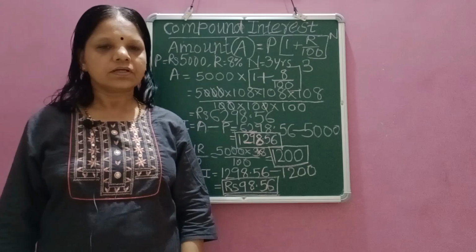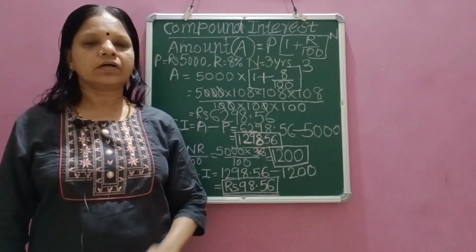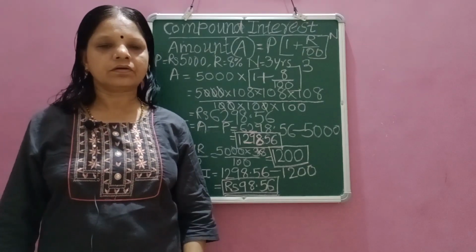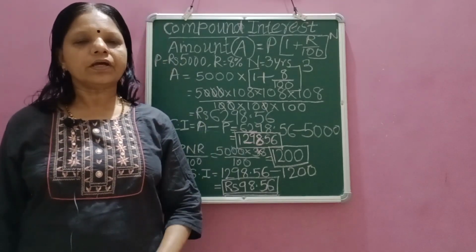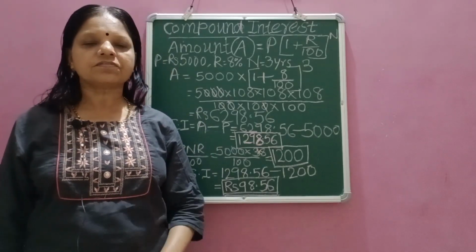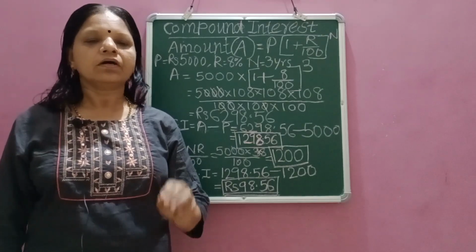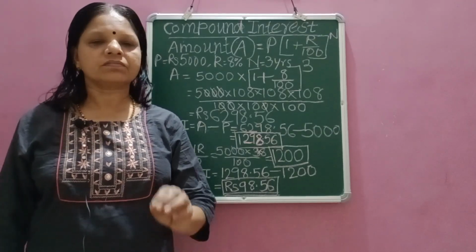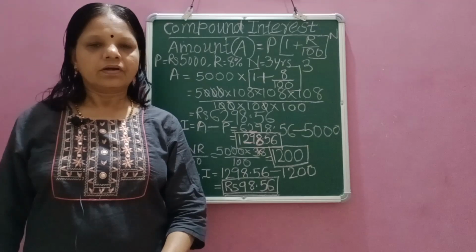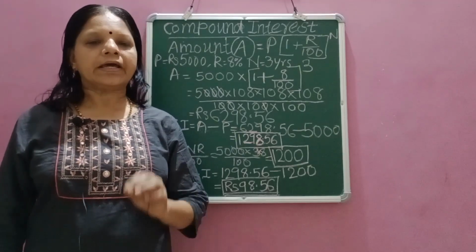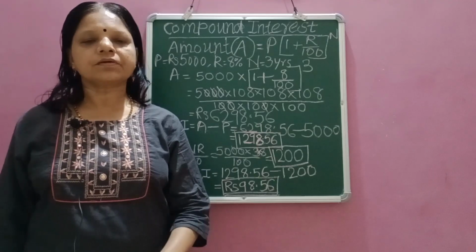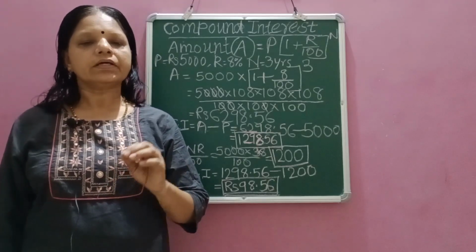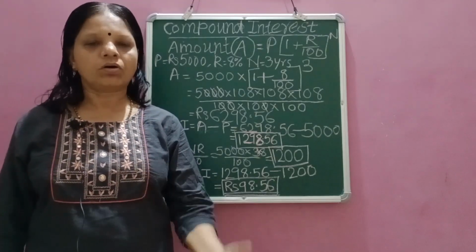In this, each year the interest is calculated and the amount at the end of the first year will be the principal for the second year. Again, the amount at the end of the second year will be the principal for the third year and so on.